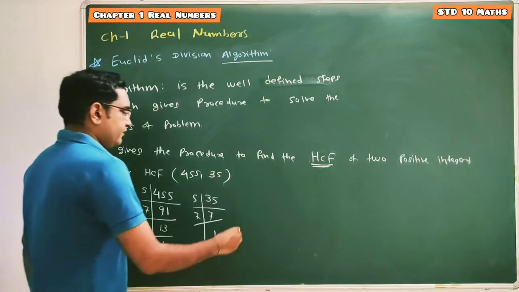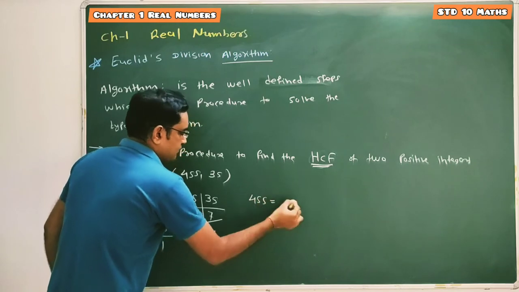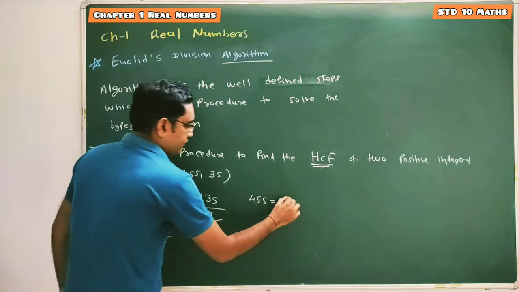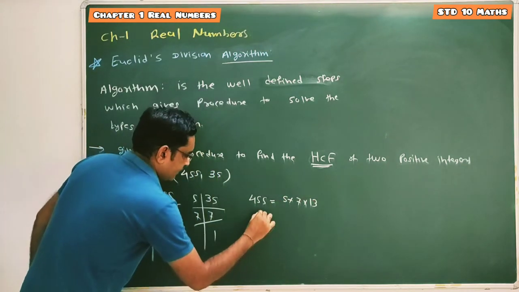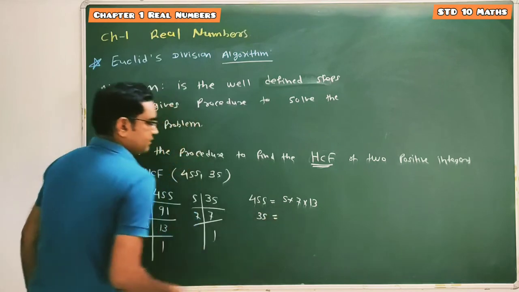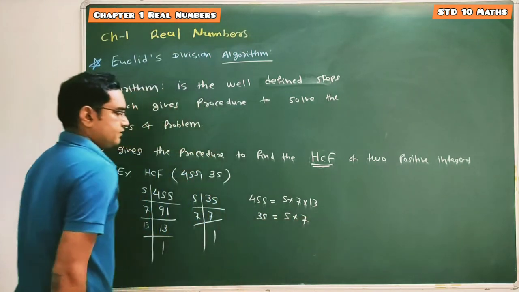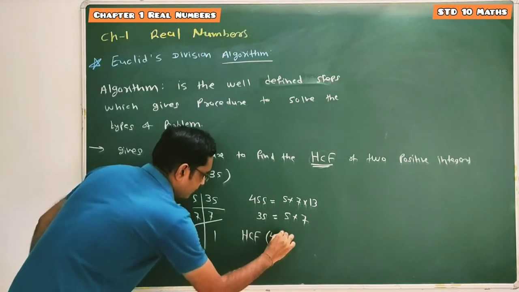Now how can we find the HCF? For that we write the prime factors of 455, which are 5 into 7 into 13, and the factors of 35, which are 5 into 7.